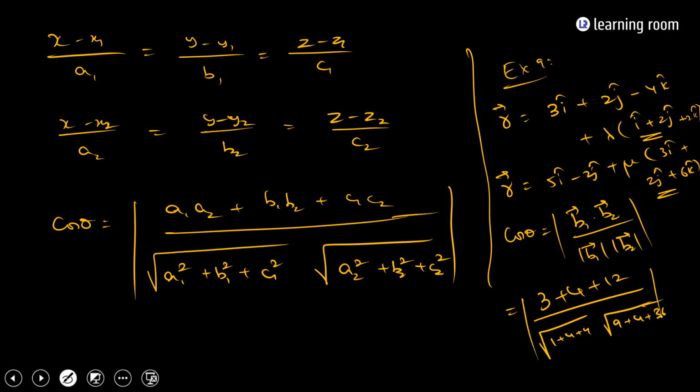Take the modulus here. So 3 plus 4 plus 12 is 19. So 19 divided by 3 into 7. So it will be 19 by 21. So theta will be equal to cos inverse of 19 by 21.